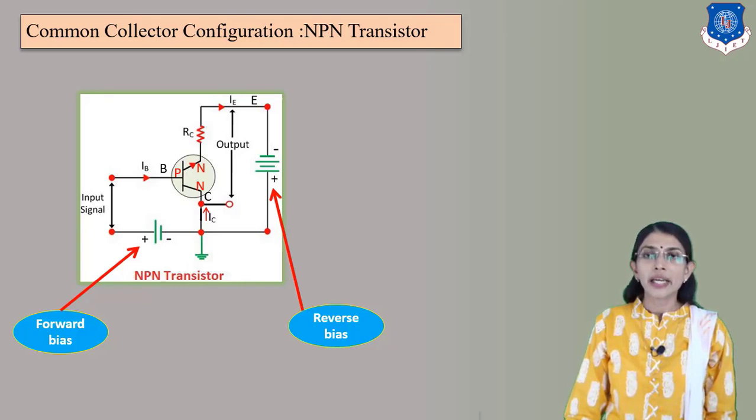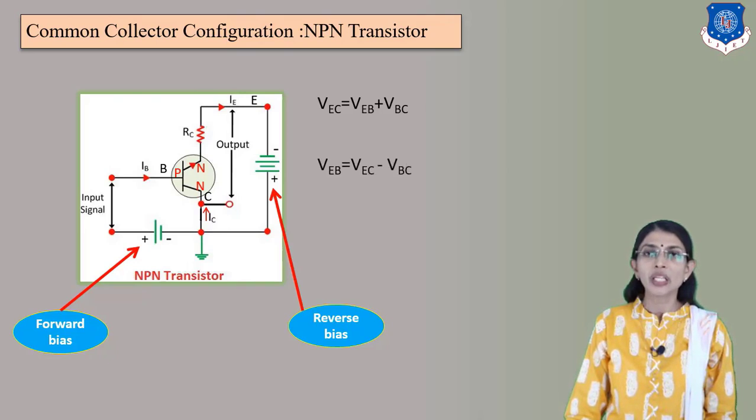This circuit and the output voltage VEC also can be written with the help of equations. VEC is equal to VEB plus VBC. According to this, you can also make VEB the subject from the first equation.